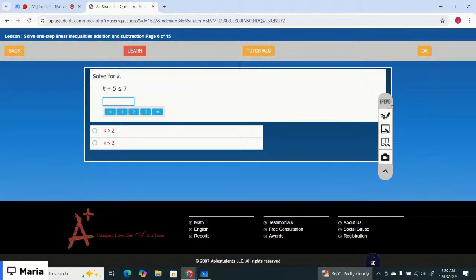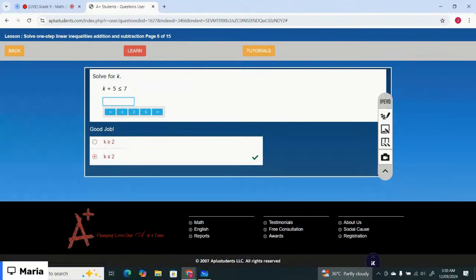K is less than or equal to 2. Option number 2 is the correct option.